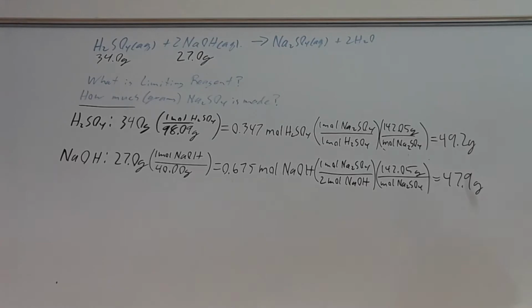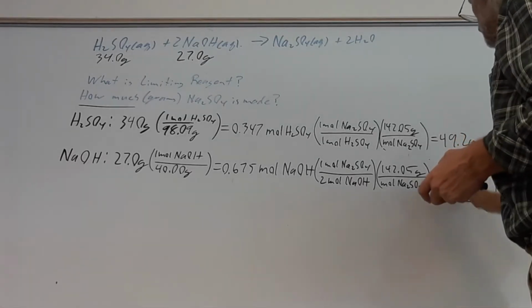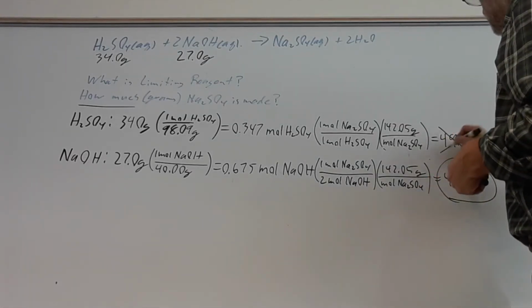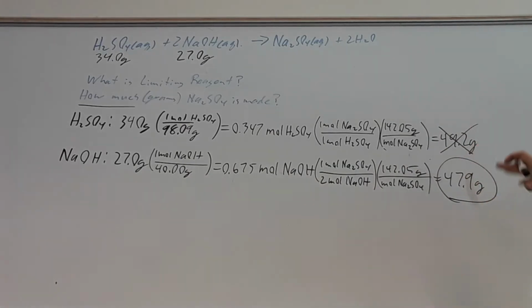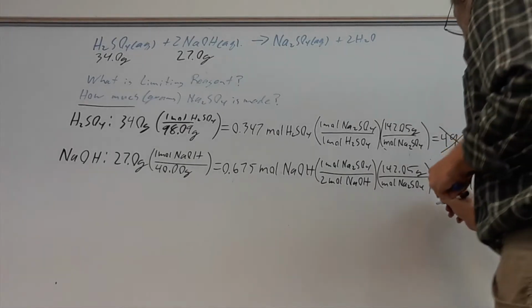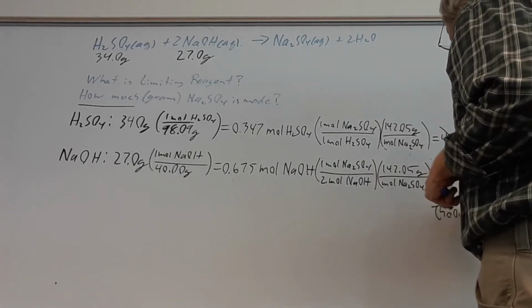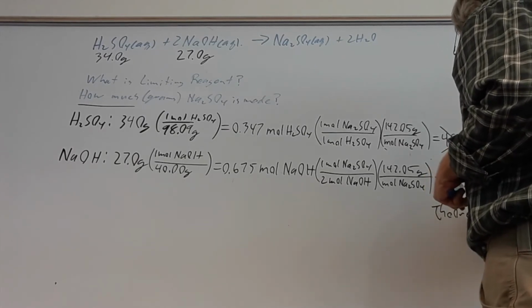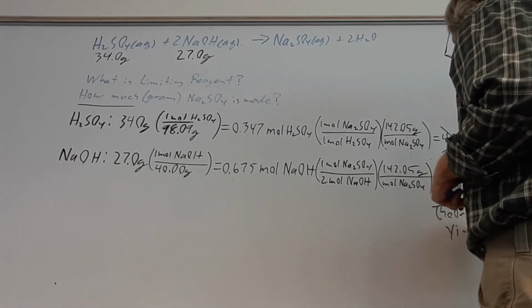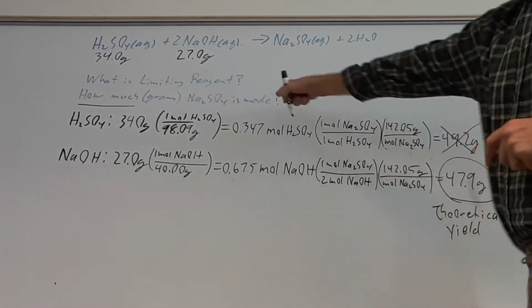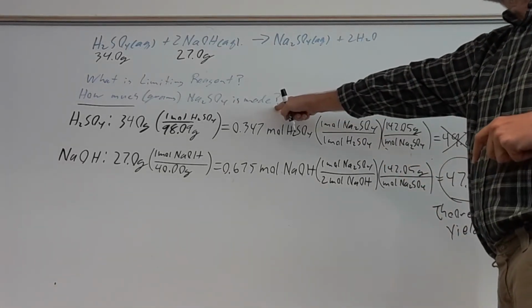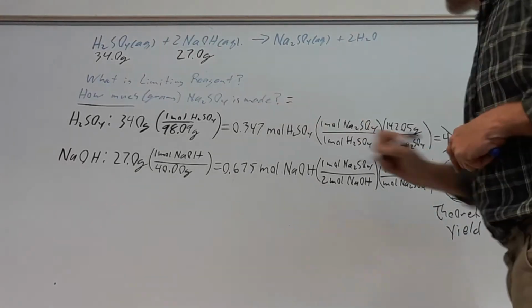So we have an amount for both reactants. What we do is we pick the smaller amount. We're never going to use that larger amount at all. So the smaller amount is our theoretical yield. That is how many grams of the sodium sulfate is made, or can be made.